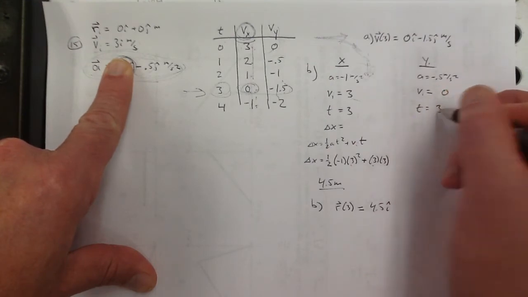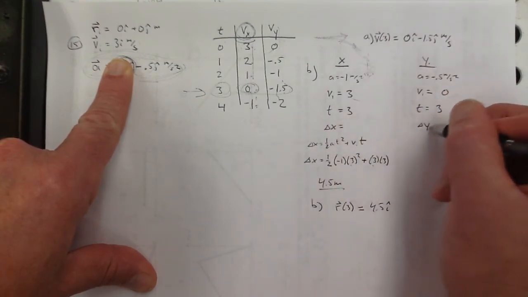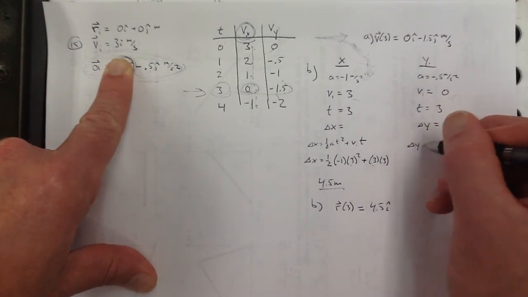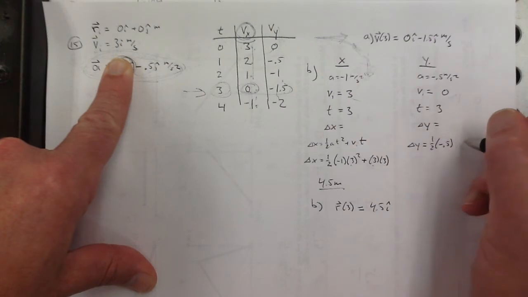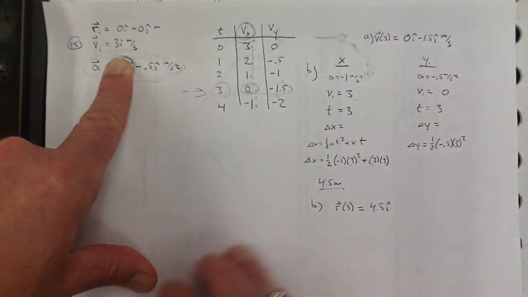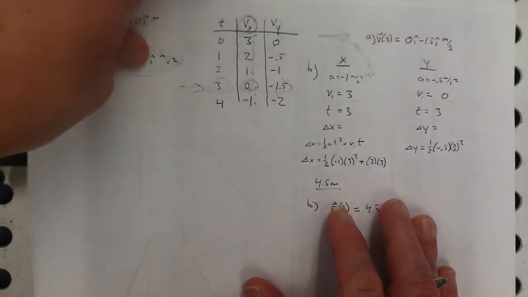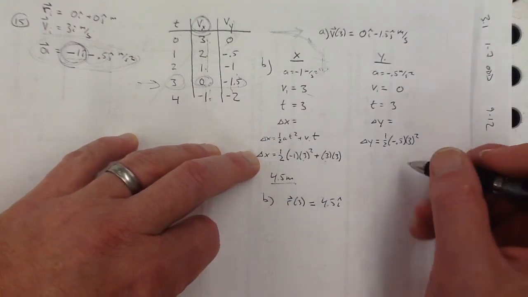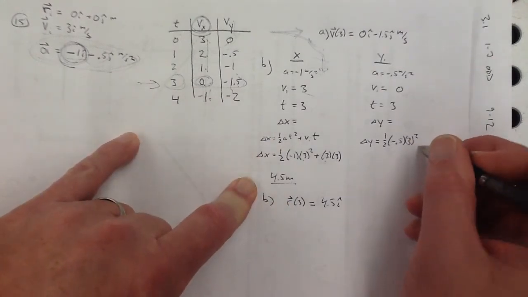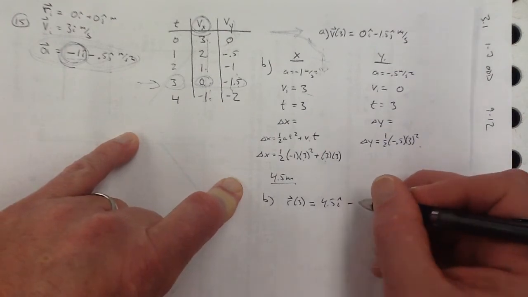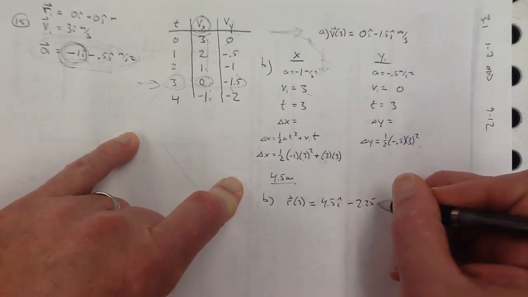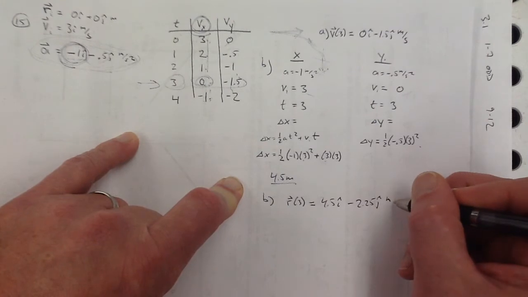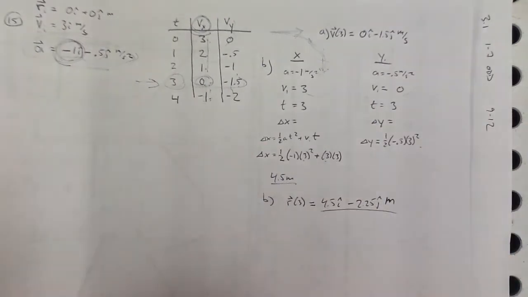Time is still 3. And I'd like to know this delta y. So same deal, delta y is equal to 1/2 a t squared, and then plus v_i t, that's 0, so I can leave that off. So it looks like I have half of a negative 9, so I believe that is minus 2.25 j meters. So that's where it is. And that's how you do that.